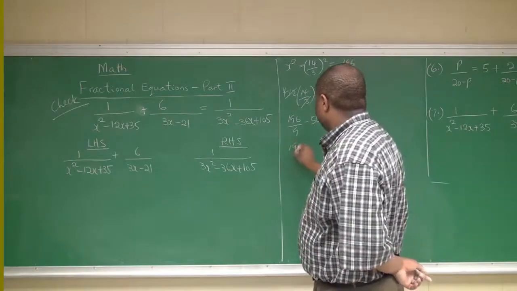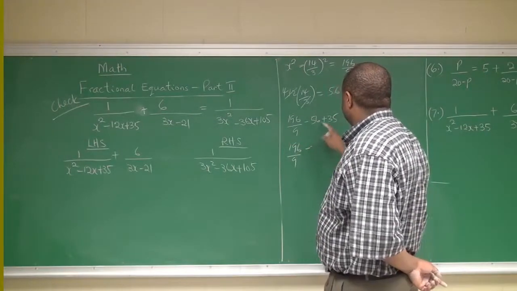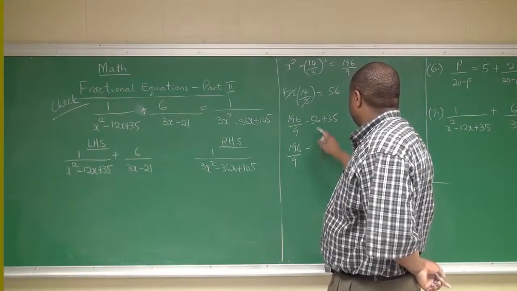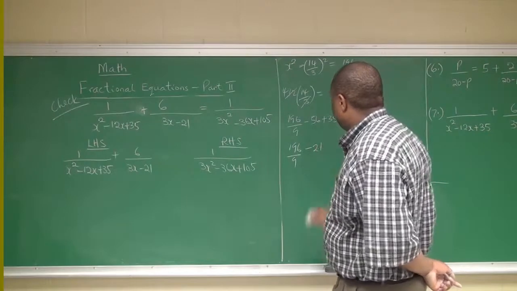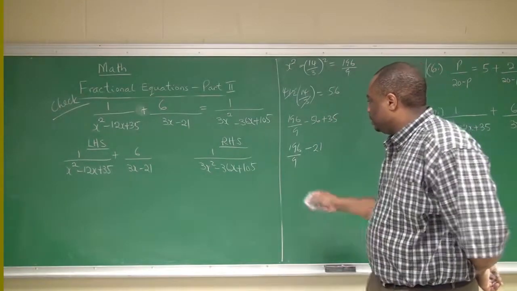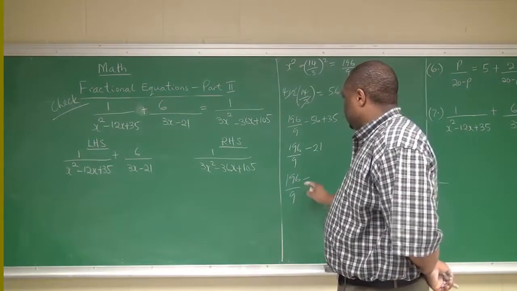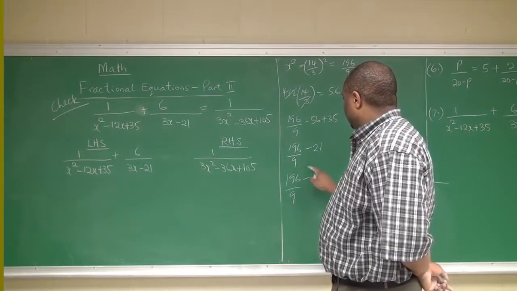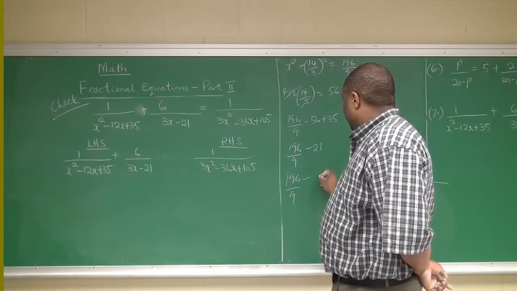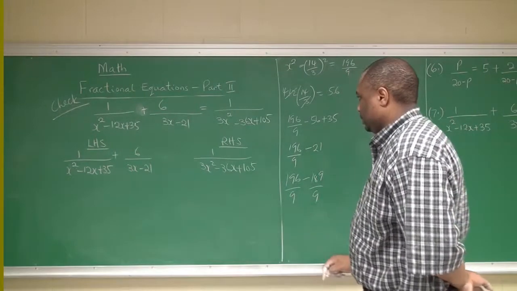So this is 196 over 9 minus 56 plus 35, which is minus 21. So this is 196 over 9 minus 21, which is 189 over 9.